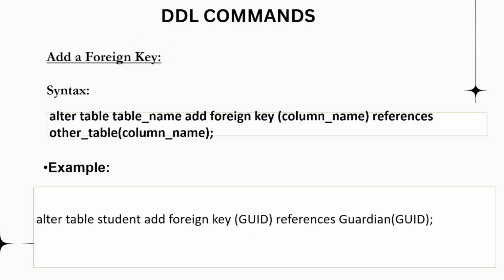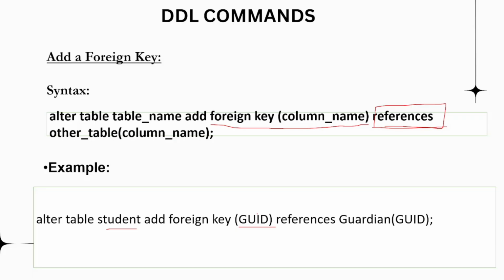The same way for foreign key, how can you add: ALTER TABLE table name ADD FOREIGN KEY column name. Whichever column you want to consider, you give the references here. Why do we give references? As we discussed, the foreign key is nothing but the primary key of another table. For that you have to give REFERENCES other table column name. So here ALTER TABLE student is my table name, ADD FOREIGN KEY as GUID.